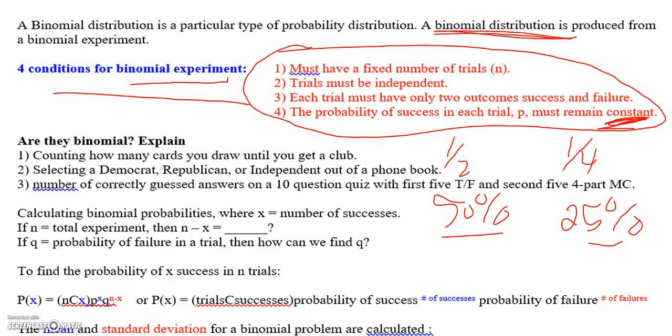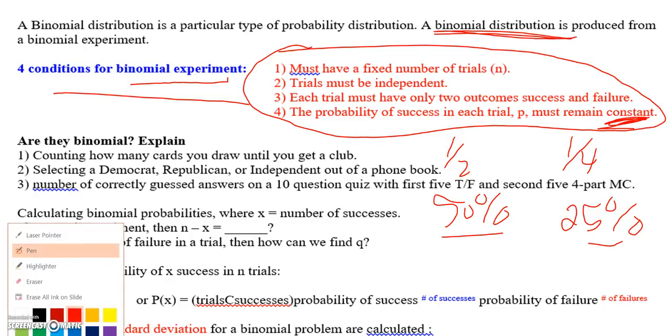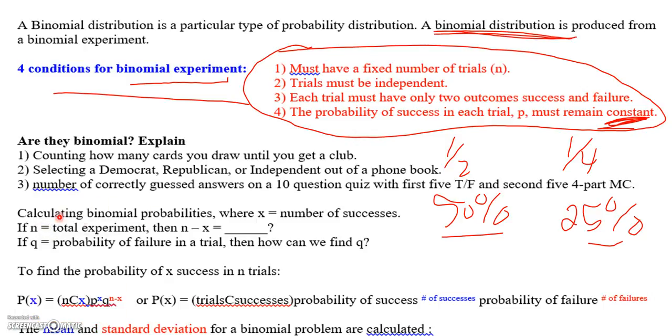So to calculate a binomial distribution, or calculating binomial probabilities, where x equals the number of successes, if n equals the total experiment, if we then say n minus x, we have found the number of failures.